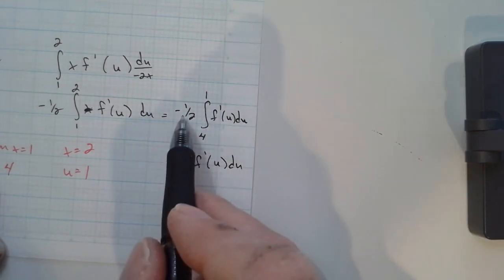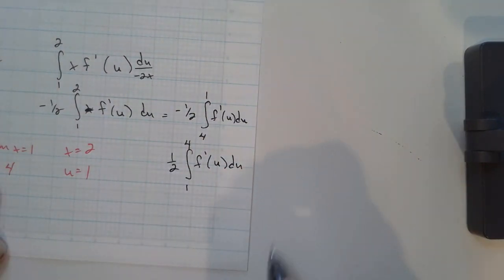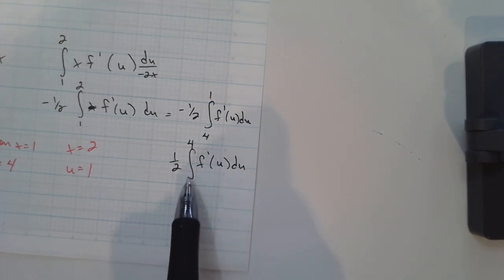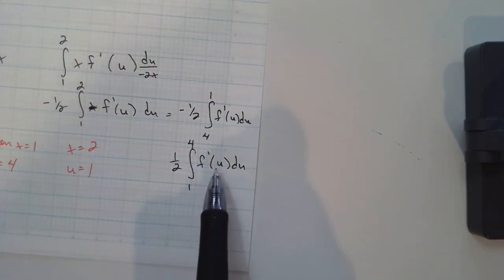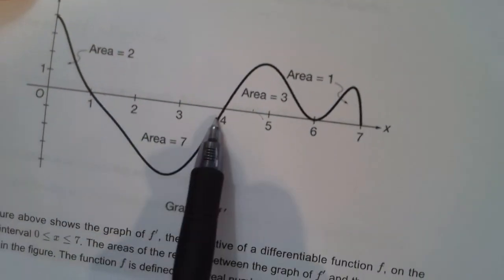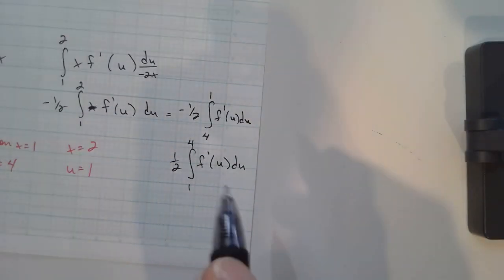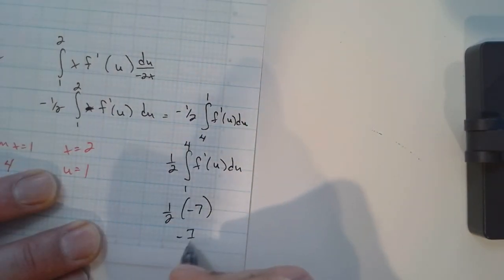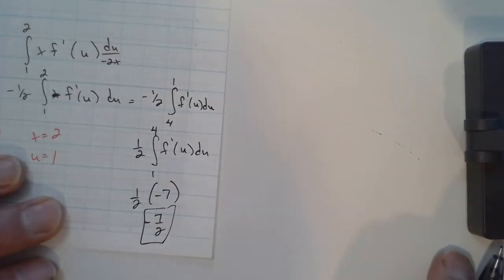So we make the front negative. Well, it's already negative, so it's now a positive 1/2. Okay, after all of that, we can now evaluate it. What is the integral of f prime from 1 to 4? From 1 to 4, our integral is negative 7. So we get negative 7/2. Whew. There you go.